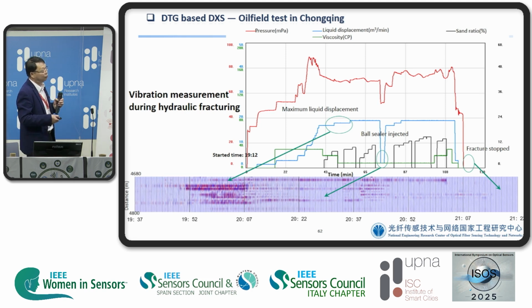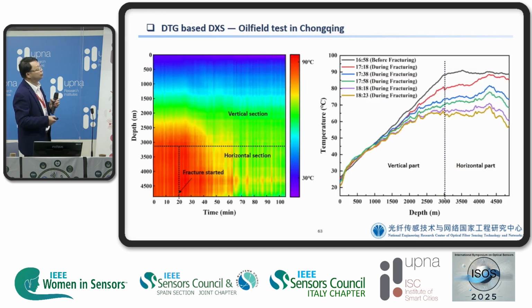We just monitor what the signal is, and you also see the temperature fracture. During the fracture processing, the temperature changes because the water comes down to the downhole, and then the temperature is measured also. That means you can measure the temperature and the acoustic sensing in the same batch.